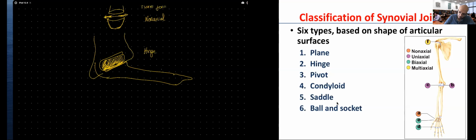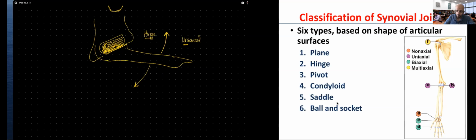You can perform only flexion or extension of the elbow joint. So a hinge joint allows an angular movement along only the sagittal axis. So we consider the hinge joint as a uniaxial joint.